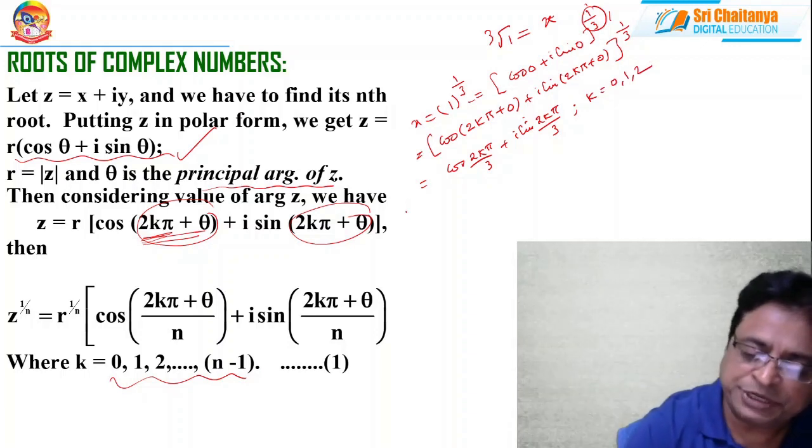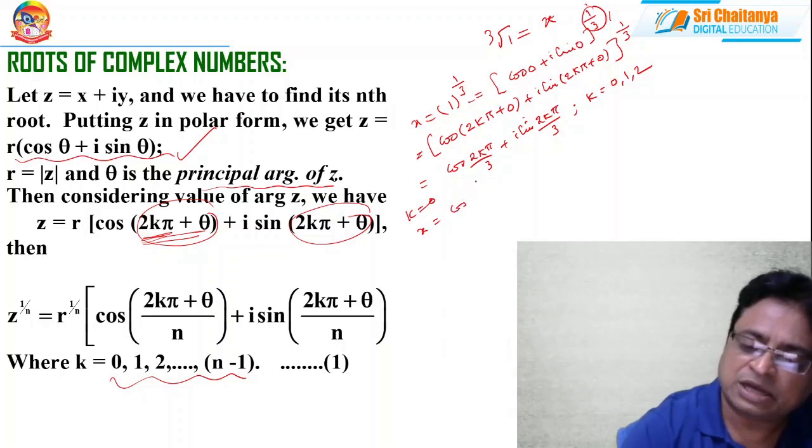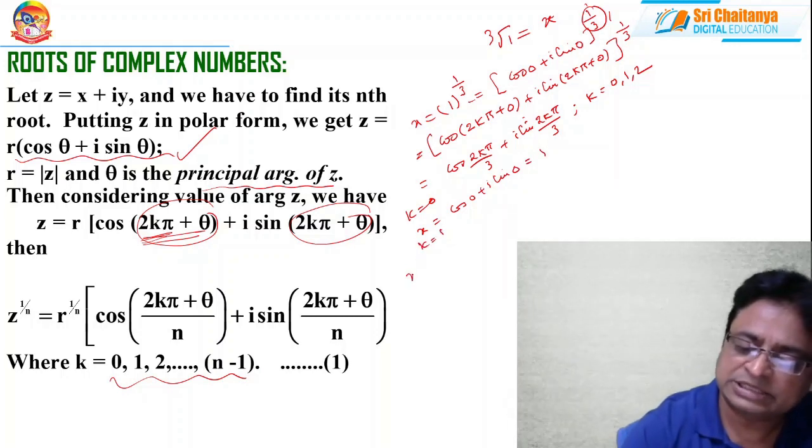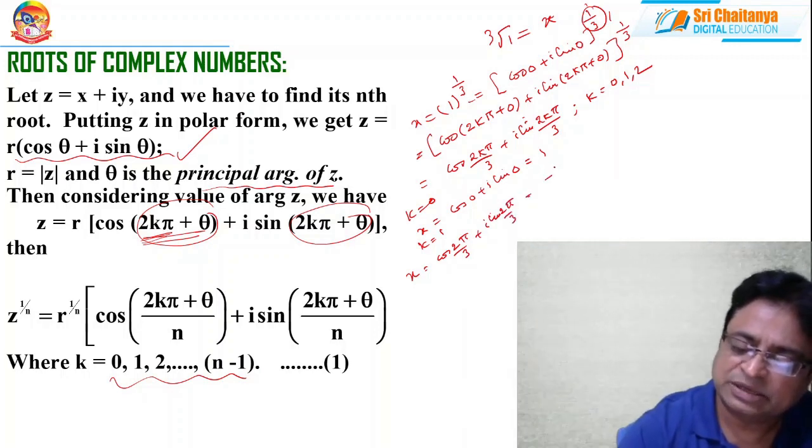If we substitute k equal to 0, then x is cos 0 + i sin 0, which is nothing but 1. If k is equal to 1, x is equal to cos 2π/3 + i sin 2π/3, which is minus 1/2 + i√3/2, that is (−1 + i√3)/2.